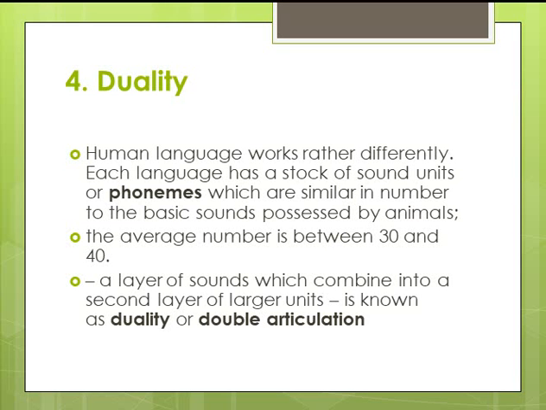While in human language, it is so normal to combine phonemes into morphemes, and then these into words, and words into sentences, to give meaningful chunks of language. And this is again a unique property of human language.